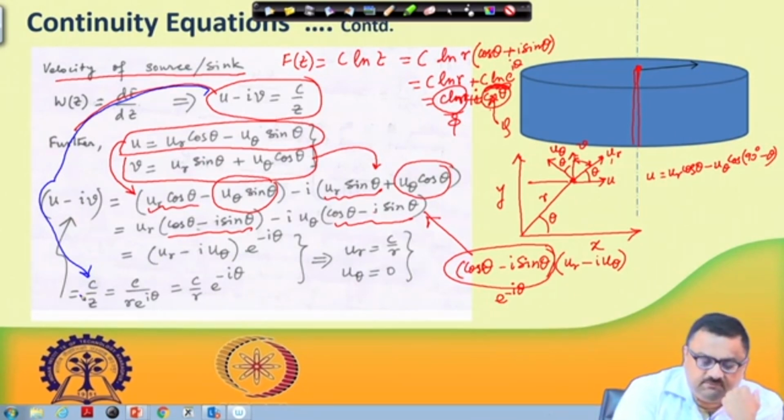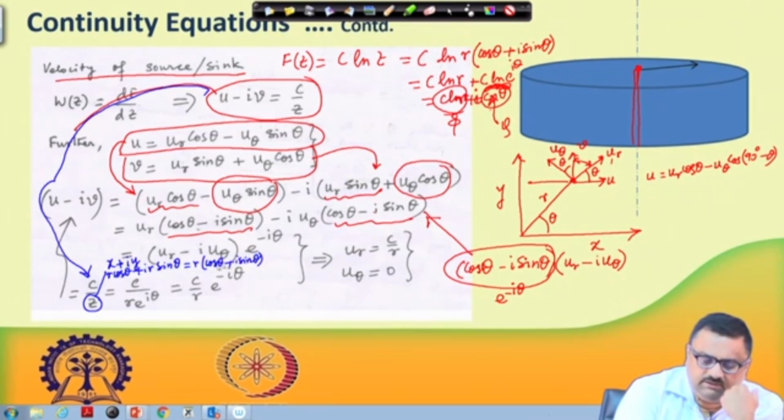Now for c by z, you can break this z into x plus i y, and this x plus i y you can write once again as r cos theta plus i r sin theta, and then again you can write this as r into cos theta plus i sin theta.